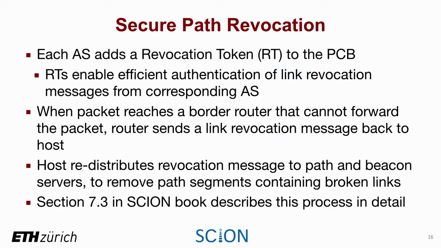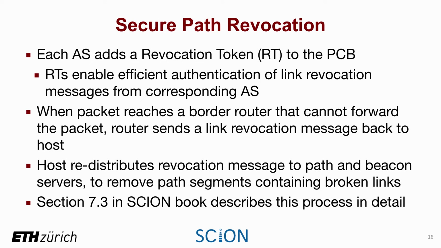When a link becomes inactive, we have also a secure path revocation system in place. During beaconing, each AS also adds a revocation token to the PCB. And these revocation tokens enable a very efficient authentication of link revocation messages. We're not going to describe this in detail, however, you can look at section 7.3 in the book to see exactly how this process works.